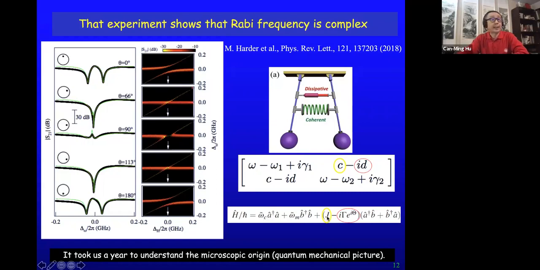And you have a coupling term J, which is essentially the coherent coupling rate, the Rabi frequency. And you have a coupling rate gamma, which is the dissipative coupling rate. There is one difference, that there is a phase factor that depends on the direction of the traveling wave of the system, which I will explain to you later.